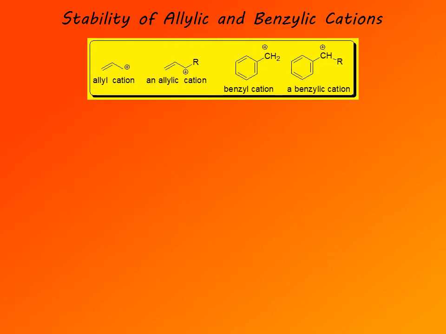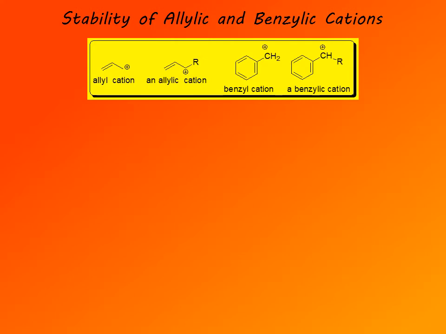Now we are going to examine stability of allylic and benzylic cations. First, some definitions. Allyl cation is specific cation that has formula of C3H5+, of course, for cation. An allylic cation has substituent somewhere on the allyl carbons.